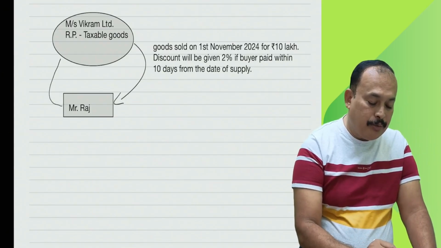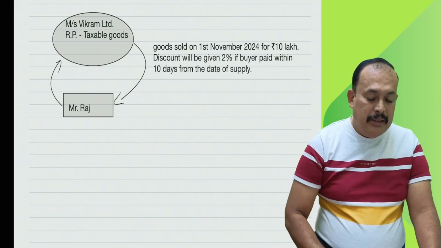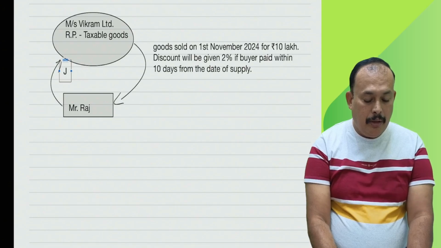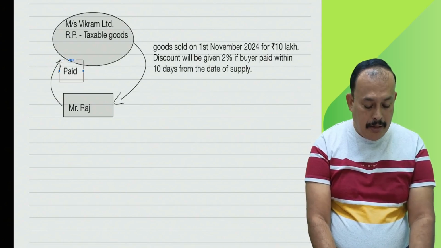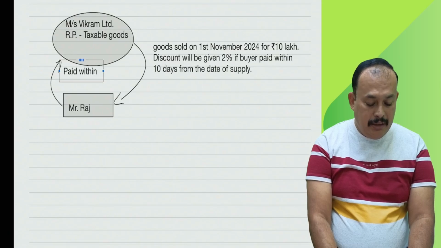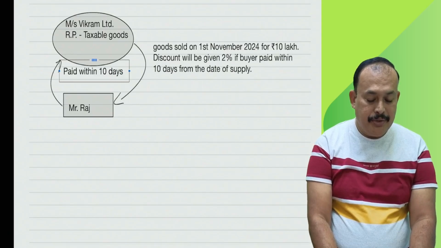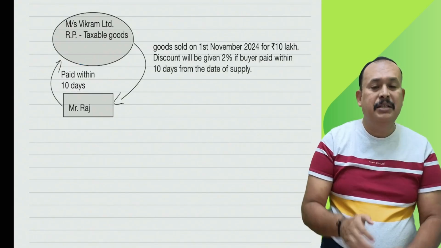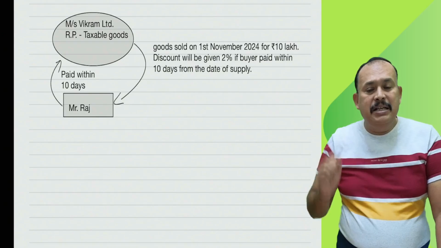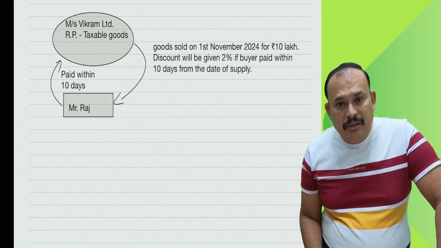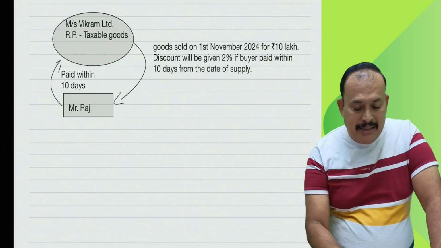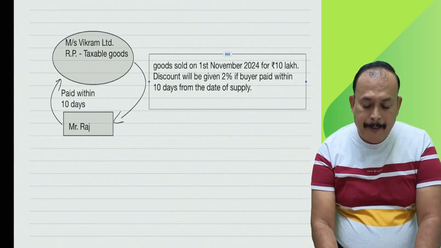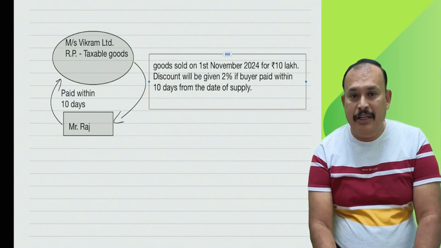He paid within 10 days from the date of purchase. In that case, he will get a discount. How much? 2%. This particular discount is very clearly mentioned in the invoice.